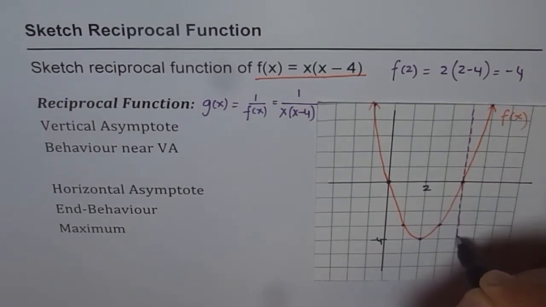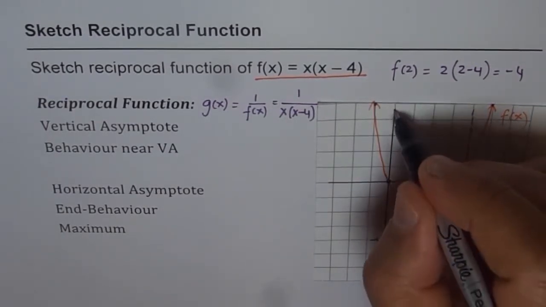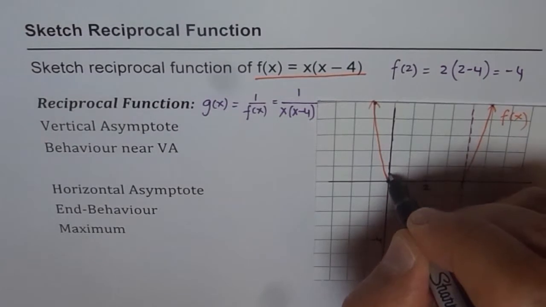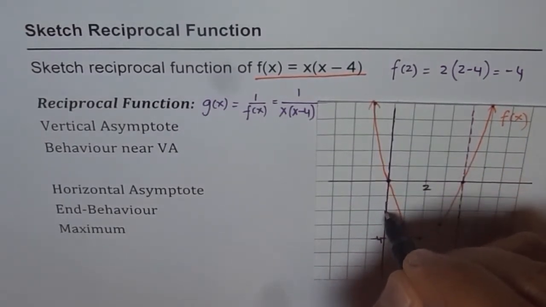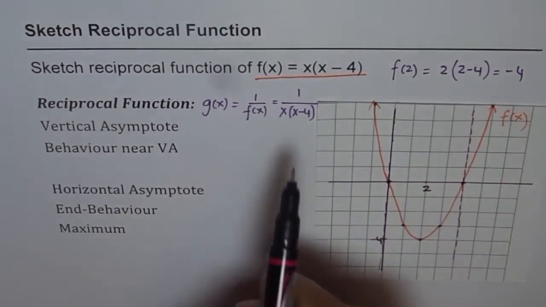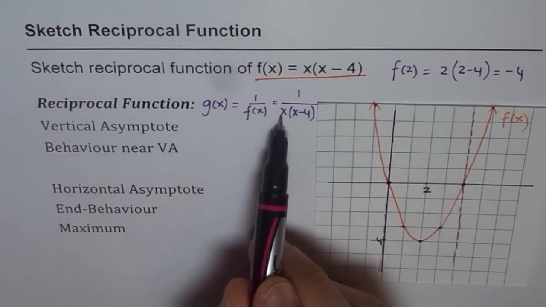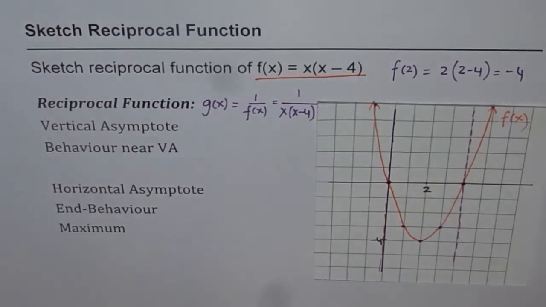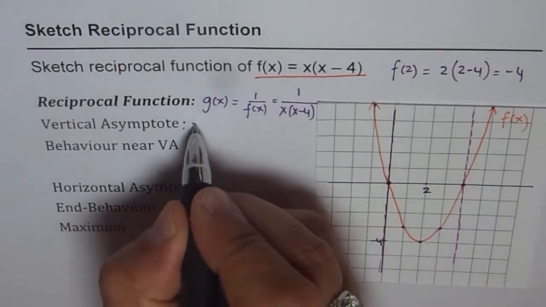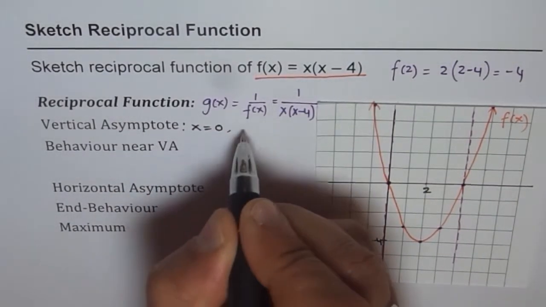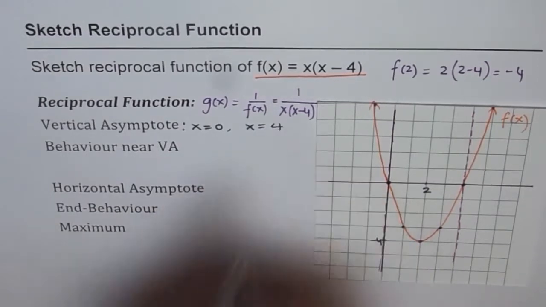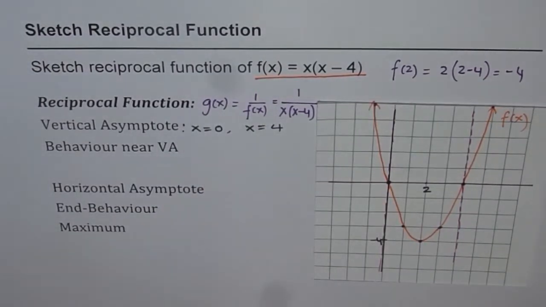Whenever you have x-intercepts for the function, the reciprocal will have vertical asymptotes at those points. You can see the denominator is 0 at x equals 0 and x equals 4, and that gives us two vertical asymptotes. So one is at x equals 0, the other one is at x equals 4. That also gives us restrictions on the domain.